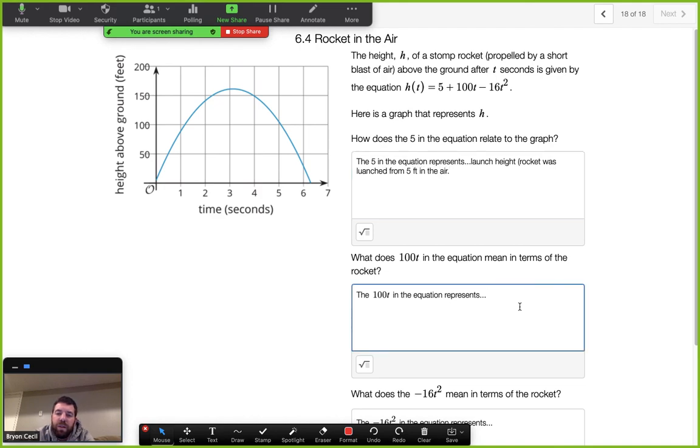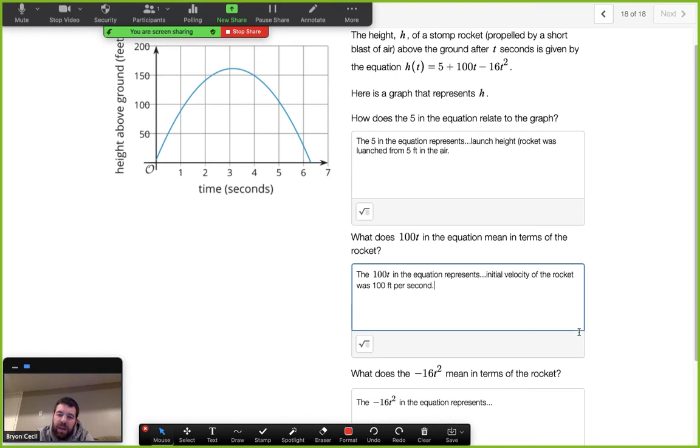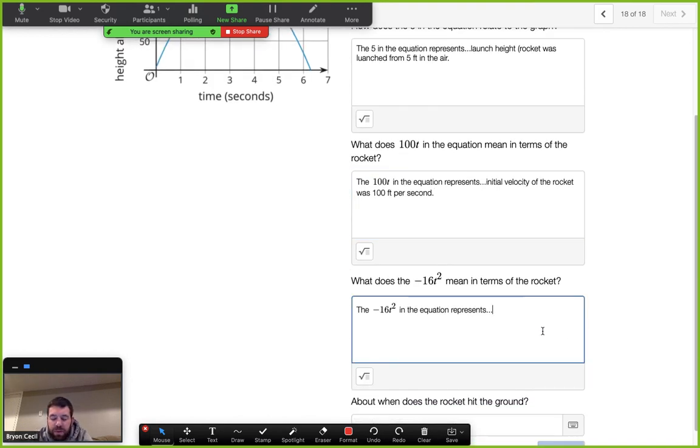What does the 100 mean in terms of the rocket? The initial velocity of the rocket was 100 feet per second. And then what does this represent?